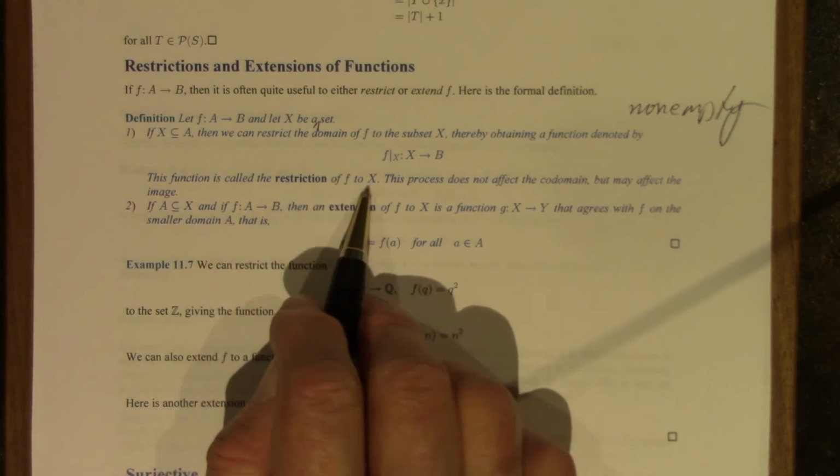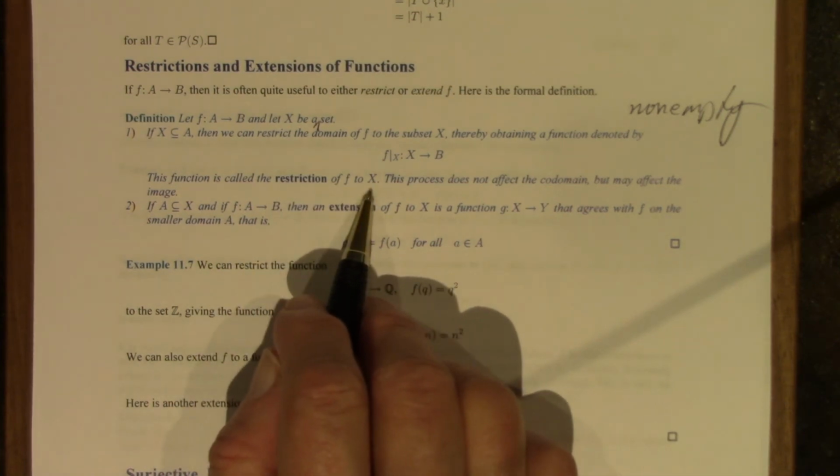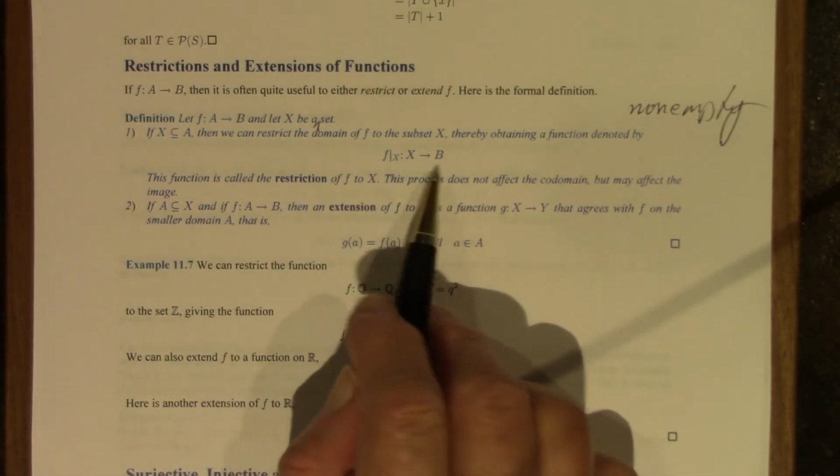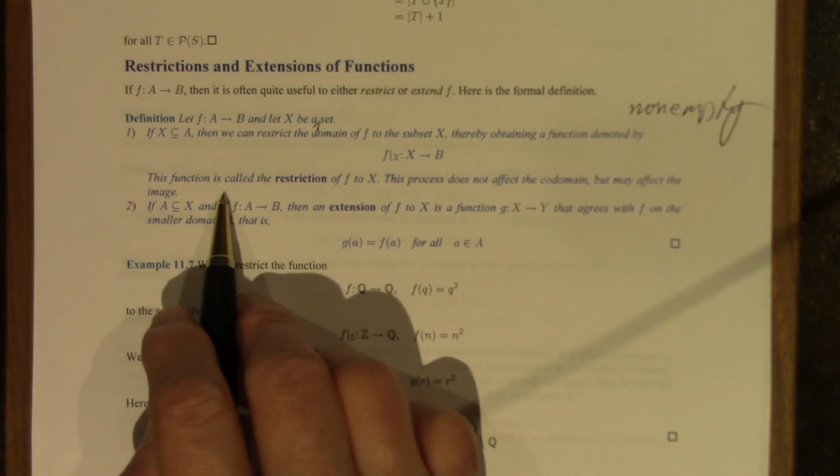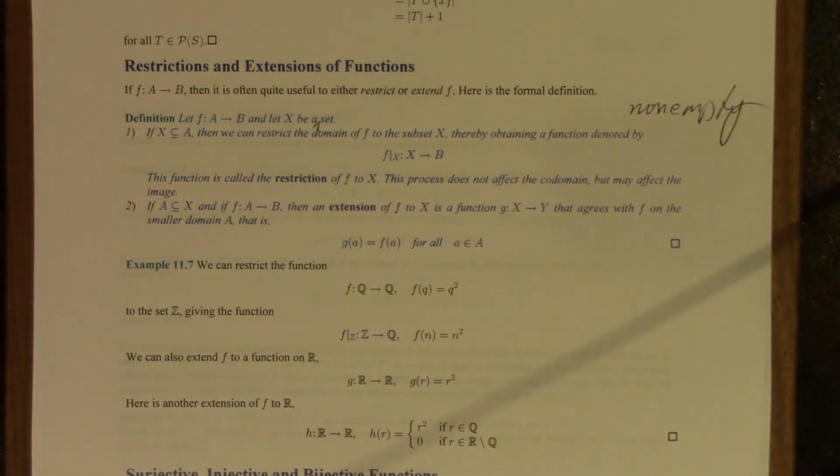And this function is called the restriction of F to X. The process doesn't change the codomain, but it may affect the image. And generally, if you restrict the domain, you're likely to restrict the image. Doesn't have to be true, but oftentimes it is.